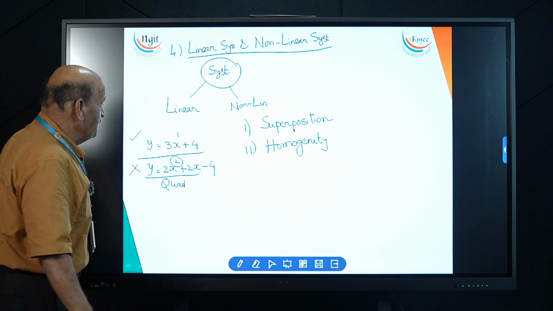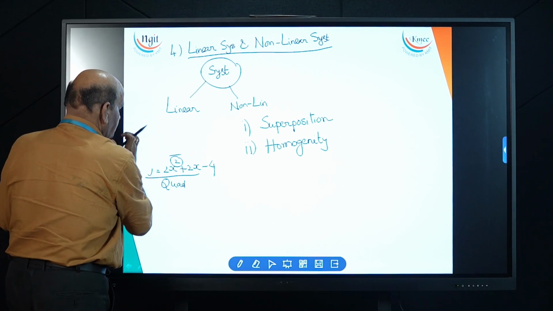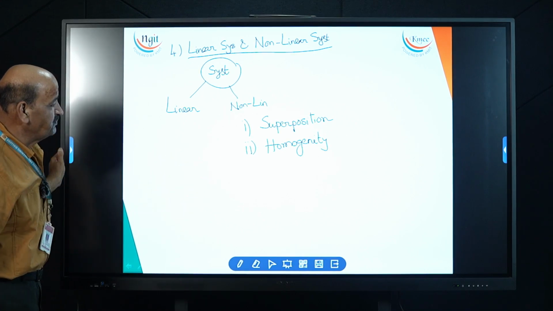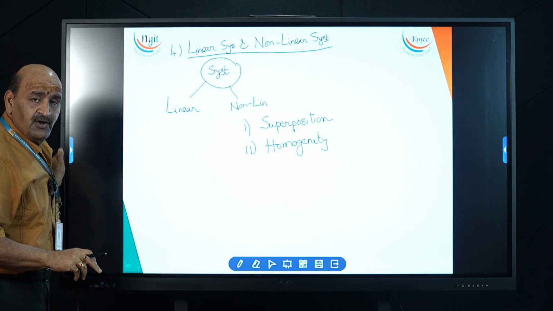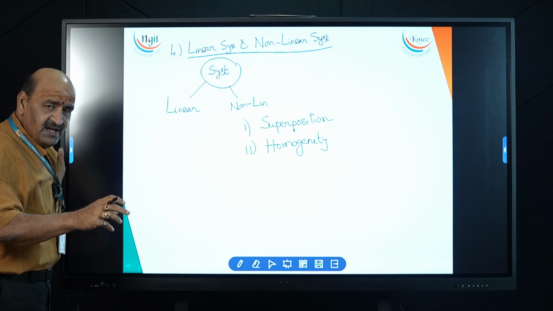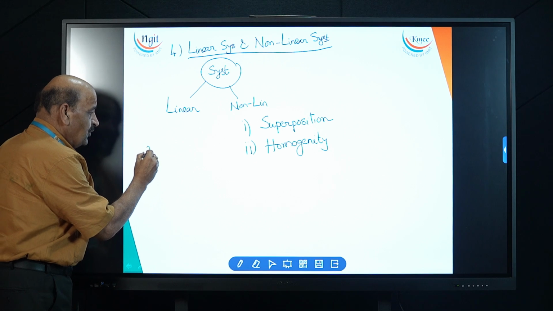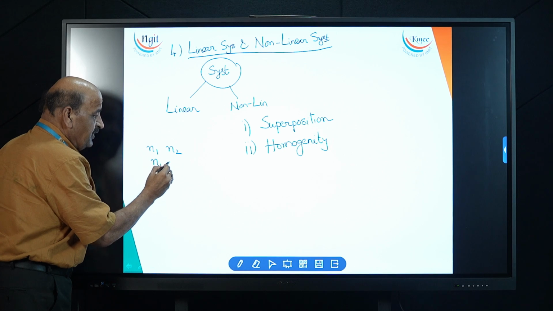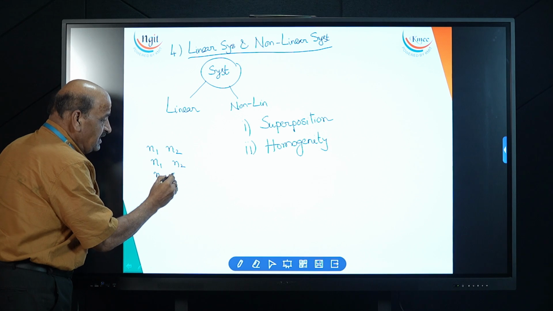This superposition and homogeneity is just like operations of addition, subtraction, multiplication and so on. For adding two numbers, we need two numbers. For subtraction, we need two numbers.